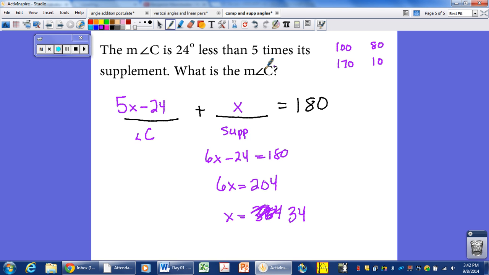So the measure of angle C is 180 minus 34. The supplement is 34, so that means this is 146 degrees.